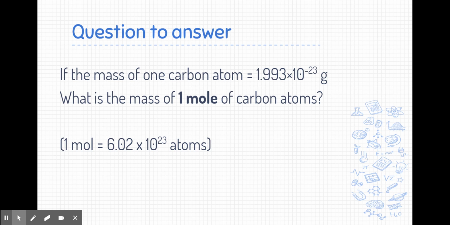If that's the mass of one carbon atom, what is the mass of 1 mole of carbon atoms? Remembering that 1 mole is equal to 6.02 times 10 to the 23 atoms. See if you can figure that out. It'll be good practice in relating the idea of moles, and also be good practice using scientific notation, because we'll be needing that a lot over the next couple of lessons.